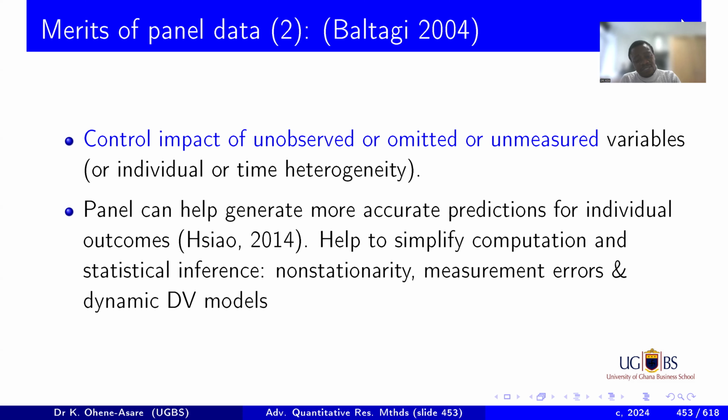You can use system GMM, difference GMM, and several of these in a panel analysis. In fact, even those that have limited dependent variable regression, like truncated regression, tobit regression, logit, probit, all of these kinds of regression, we can have their panel versions, which is really, really good.